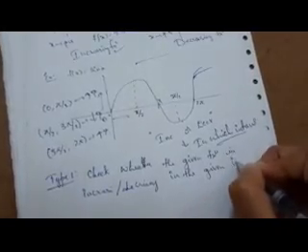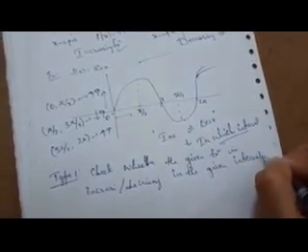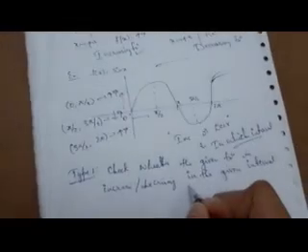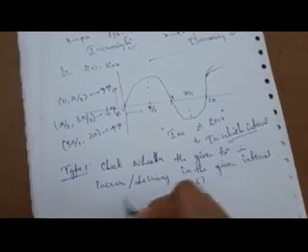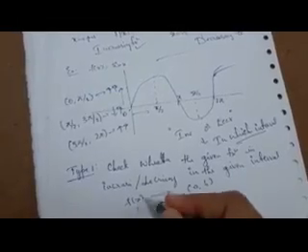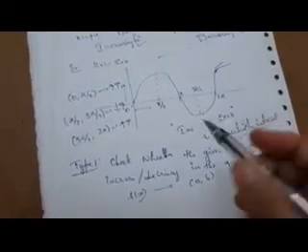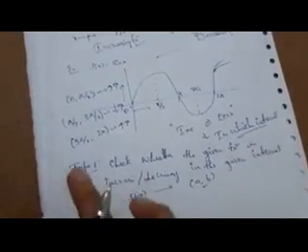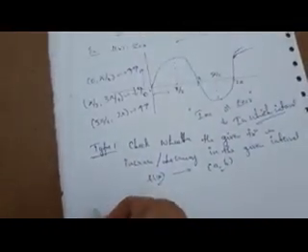I mean, they have already given the interval, say a comma b, and they have given some function, say f of x. You need to check whether the given function f of x is increasing or decreasing in this given interval. So this is one type of question you can see in this section.